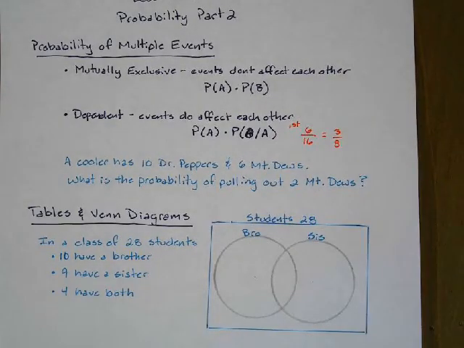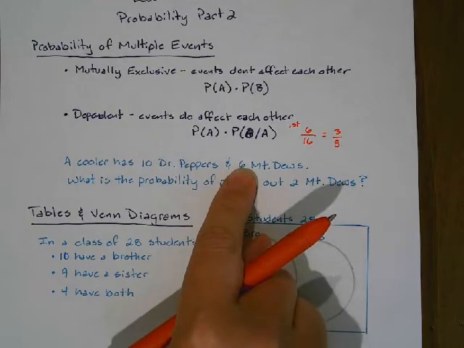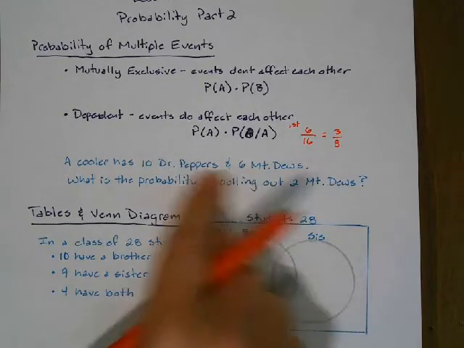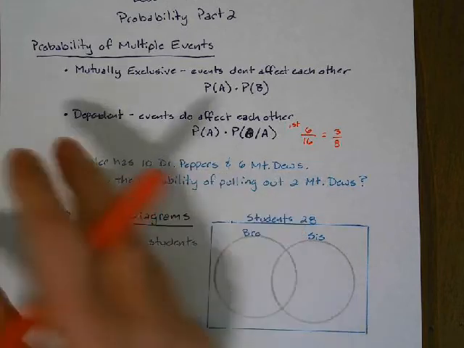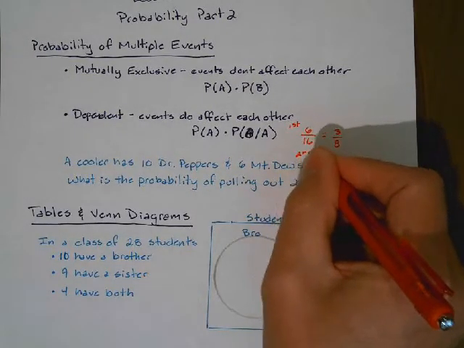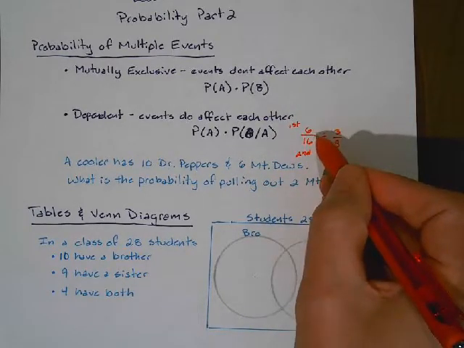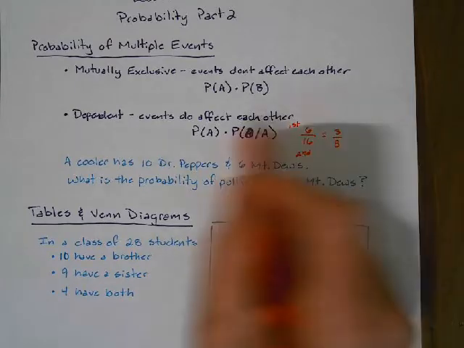Now the second time I pull out a drink, I've already pulled out 1 Mountain Dew. So I don't have 6 Mountain Dews left. I've only got 5, which also means that I only have 15 drinks left because I've already pulled out 1 Mountain Dew. So on the second pull, if I want to pull out a Mountain Dew again, I don't have 6 of them anymore because these are dependent events.